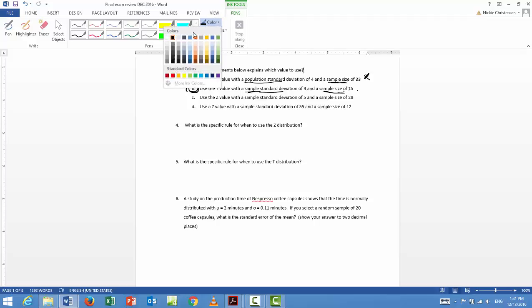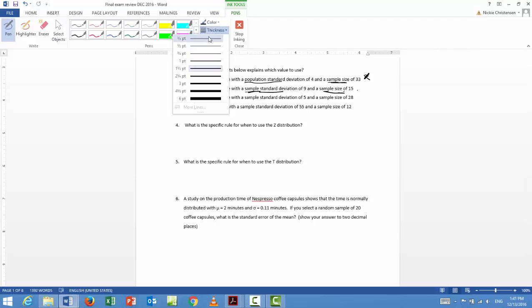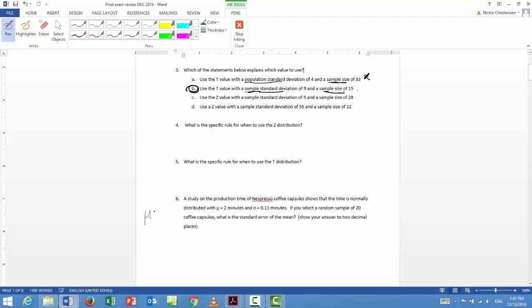Question 6. A study on the production time of Nespresso coffee capsules shows that time is normally distributed with mu, the population mean, equaling 2 minutes, and sigma, the population standard deviation, equaling 0.11.